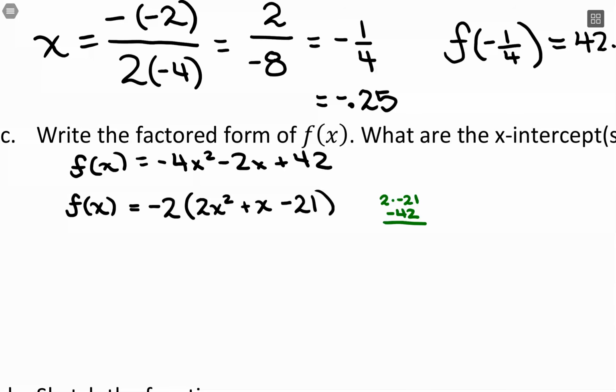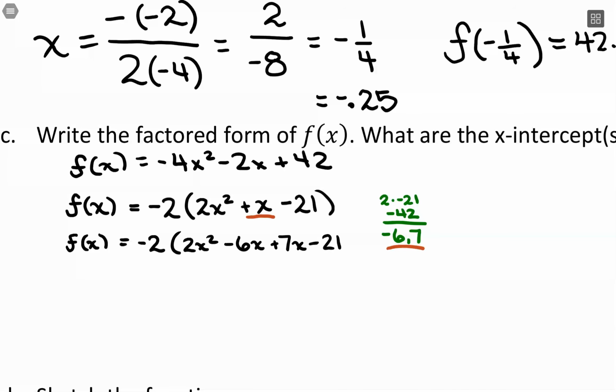So what I start doing is thinking about factors that are just one away from each other. And with 42, that's going to come through as a -6 and +7. So with that, what we would do is split up our middle term using those factors. So my function is going to be -2 and then 2x squared minus 6x plus 7x minus 21.